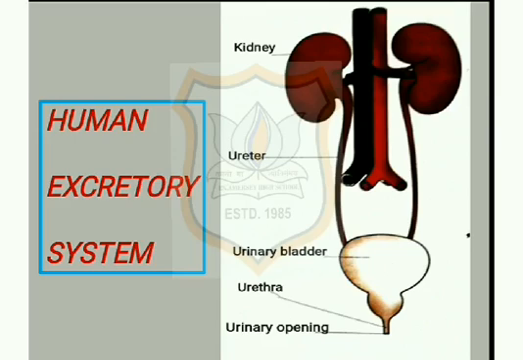From the kidneys, the urine goes into the urinary bladder through tube-like ureters. It is stored in the bladder and is passed out through the urinary opening at the end of a muscular tube called urethra. The kidneys, ureters, bladder and urethra form the excretory system.